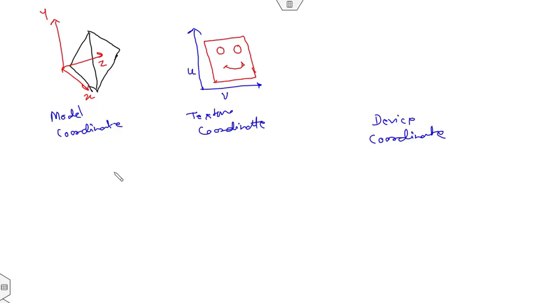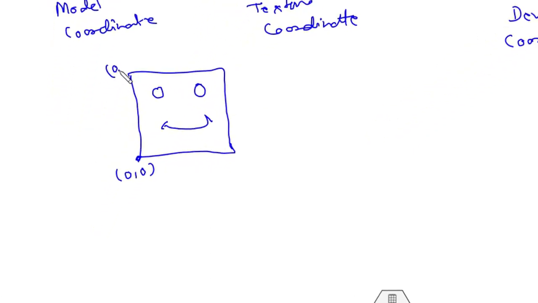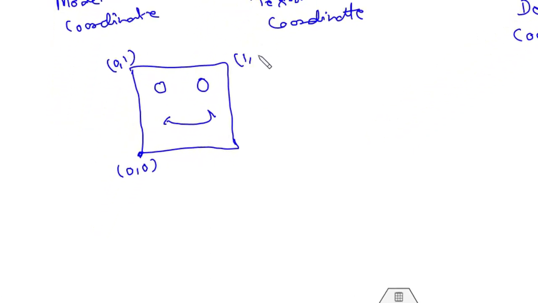Here I am again drawing this texture. Suppose here we have four major coordinates. Suppose this is 0 0, this is 0 1, this is 1 0, and this is 1 1. The elements of this texture are called texels. Texel is what?